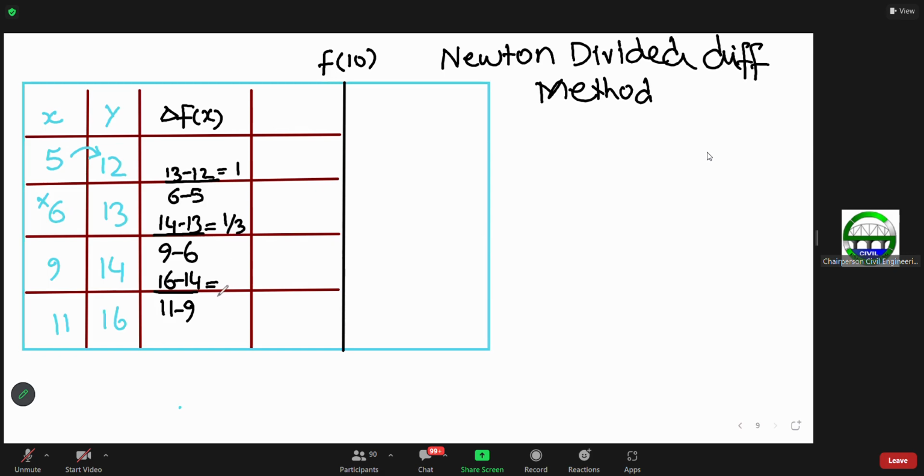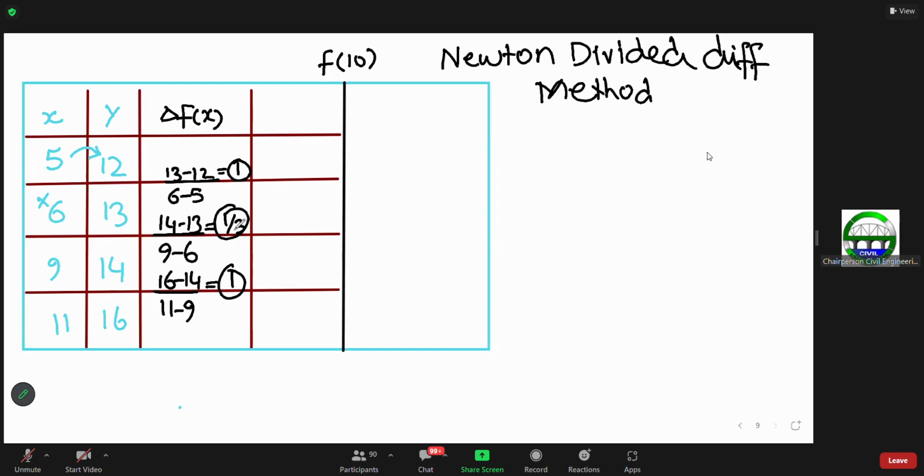The third one is 1 or minus 1? 1. Okay. So it is 1, 1 by 3, and 1. Now we will use these values. So, okay, again, this is a bit tricky, okay? So focus in here now.